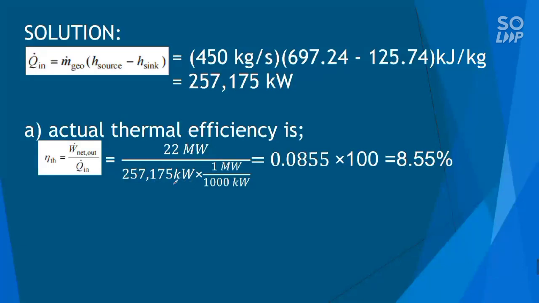Since this is in kilowatts, we multiply it by 1 megawatt over 1,000 kilowatts in order to convert kilowatt to megawatt. Here all the given units will be cancelled and we get 0.0855. Since the thermal efficiency is in percentage, we need to multiply this answer by 100, and we get the thermal efficiency equal to 8.55%.